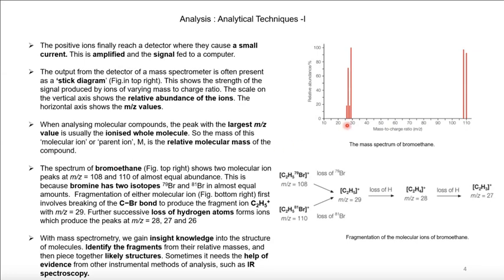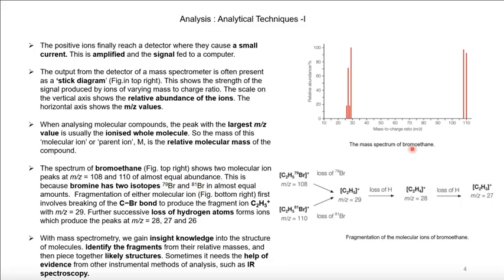In the spectrum, here you see that there are two peaks almost equal in abundance. What are these two peaks? Why are there two peaks here? It is because we know bromine naturally has two isotopes, bromine 79 and bromine 81.